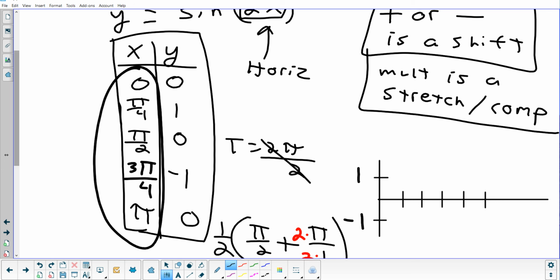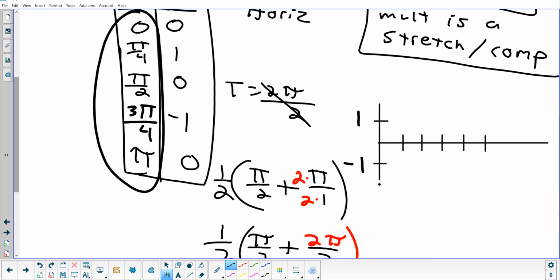Since these are equally spaced, use them as your labels for your graph, because that's the only condition when you label an axis. You have to use equally spaced numbers, like 2, 4, 6, 8. Let's use those labels. So this would be 0, pi over 4, pi over 2, 3 pi over 4, and pi.